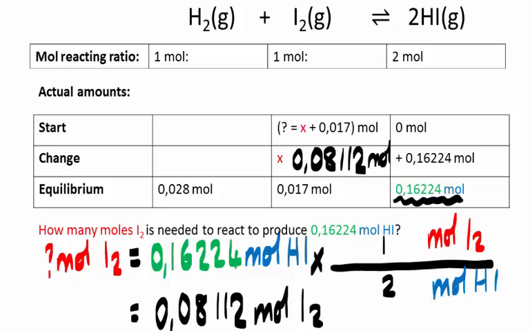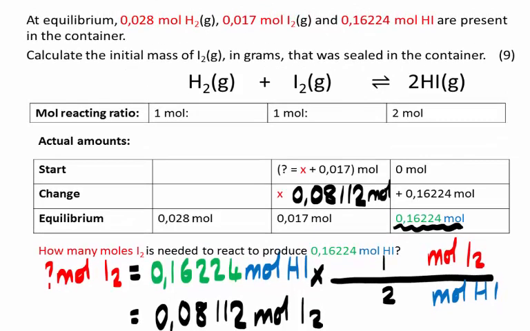But remember, that's not what the question is saying. That's just our sub-step question that we made for ourselves to help us. Remember, the actual question was about the initial mass of iodine. 0,08112 mole is first of all not mass, it's number of moles, but it's also not the initial amount. It's the amount that was changed.